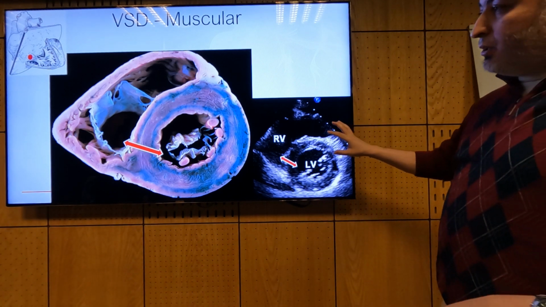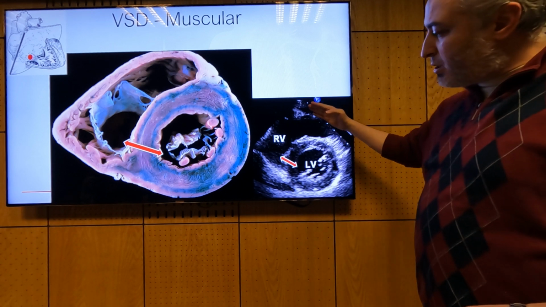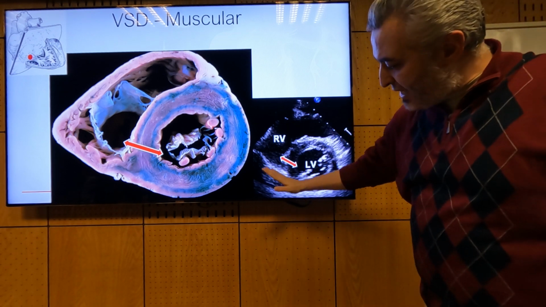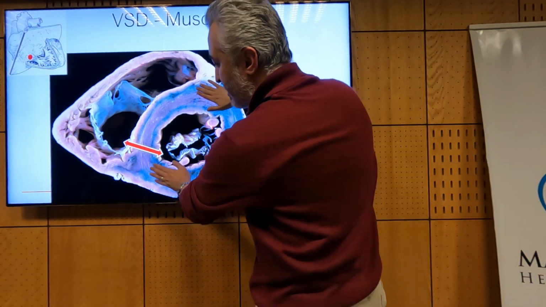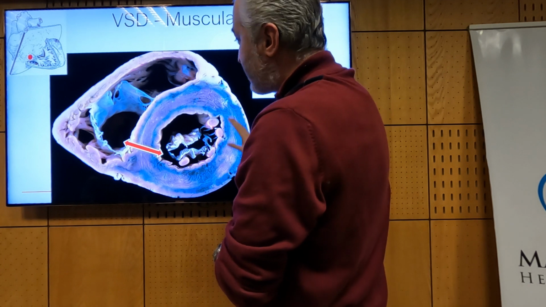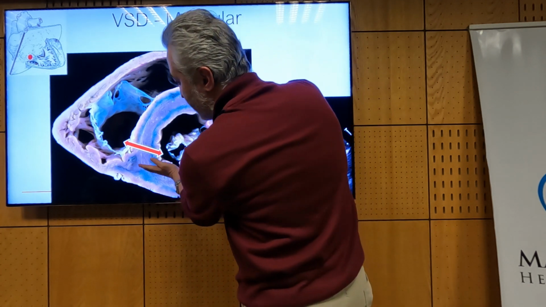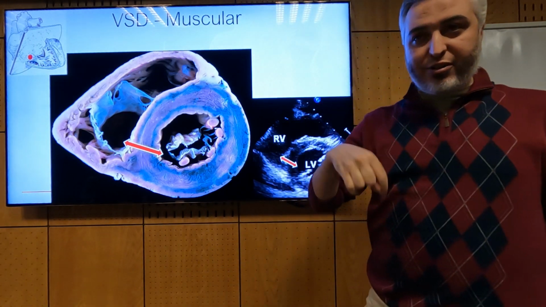So now, is that anterior or towards inferior? So you remember we said that this is the anterior wall, this is the inferior wall, here is the septum, and this is the lateral wall. Is that towards anterior or towards inferior? Inferior. So inferior is towards the diaphragm.